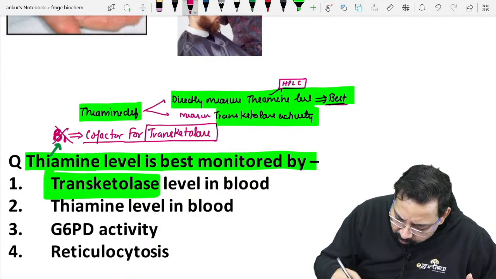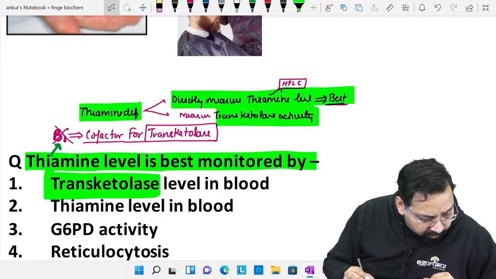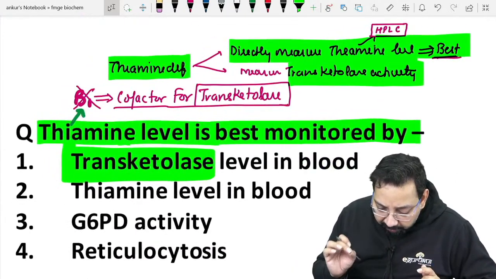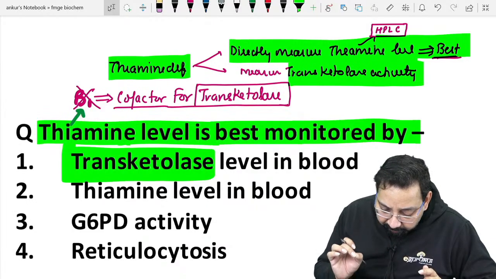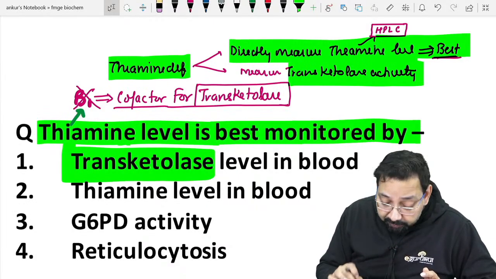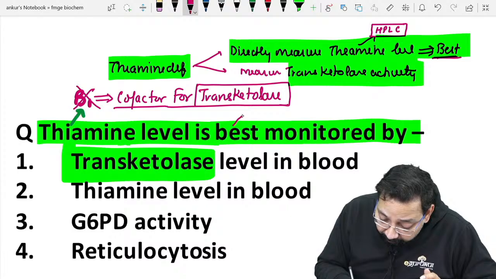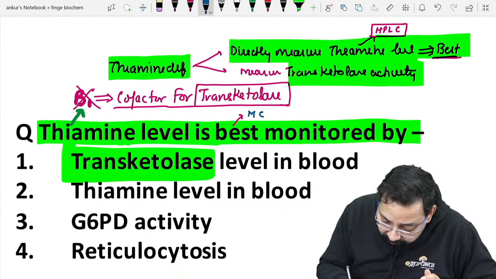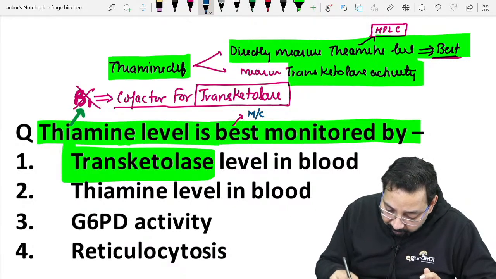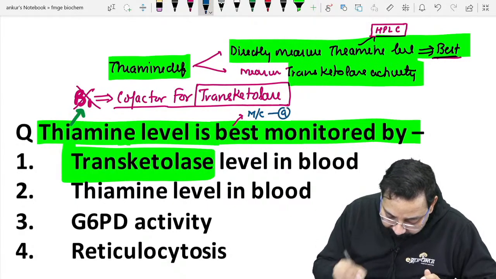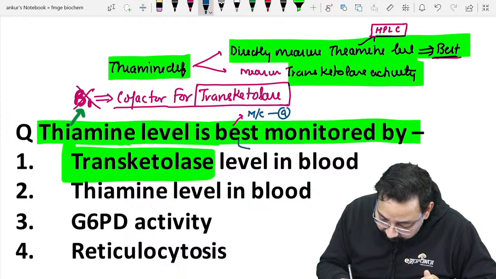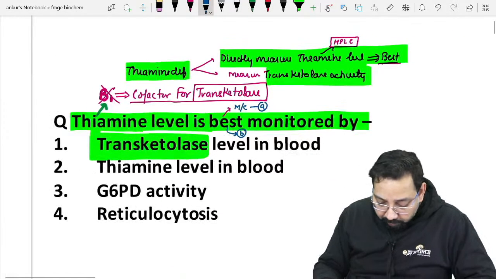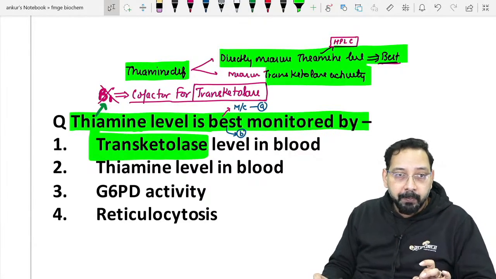This question has been asked in AIIMS, different entrance exams, MCI exam. This is a favorite question of MCI. If the question asks for the most common, then the answer is A. If best, the answer is B. Remember this.